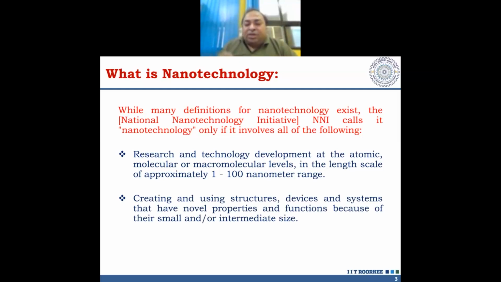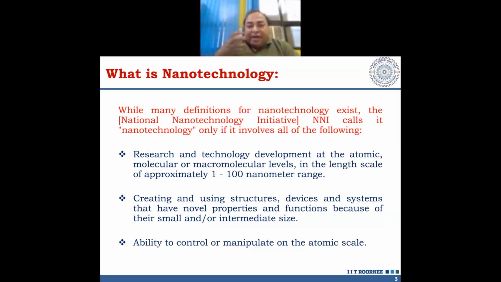Two, creating and using structures, devices, and systems that have novel properties and function because of their small or intermediate size. It is not because of the general property, it is because of the change of property due to the change of size, due to the transformation from the macro scale to the nanoscale. And last but not the least, ability to control or manipulate on the atomic scale.